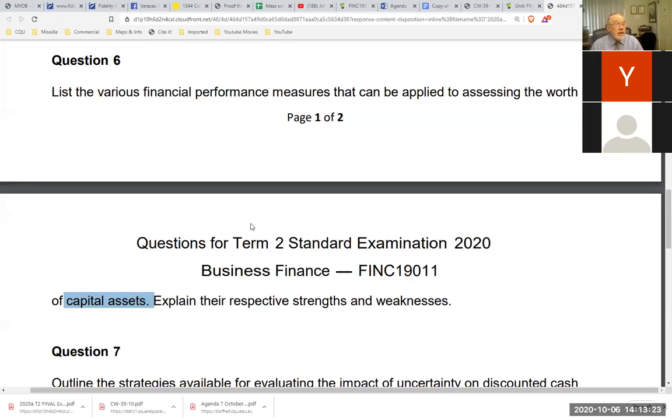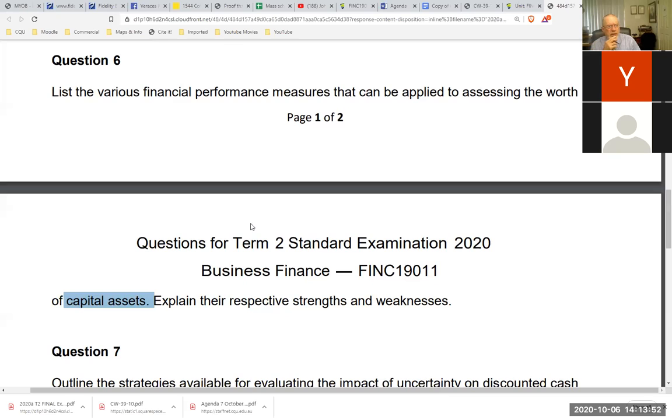As a capital asset, the only value it has for me is the fact that I'm able to get a rent from it, from some sort of income. In this particular case, the performance measures I'd be looking at are things like yield, so the return on equity, return on investment, the rent divided by the value of the property if it's real estate. All of those yield measures, that's the simple one.